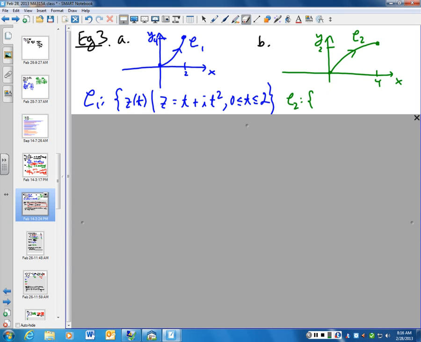But if we do it similarly, it will be the set of all z of t, where z is of what form? Well, if we again choose x as t, what would the y be? Yeah, probably the square root of t. So that might be a parametric representation of this curve. And in this case, the parametric interval would go between 0 and 4.